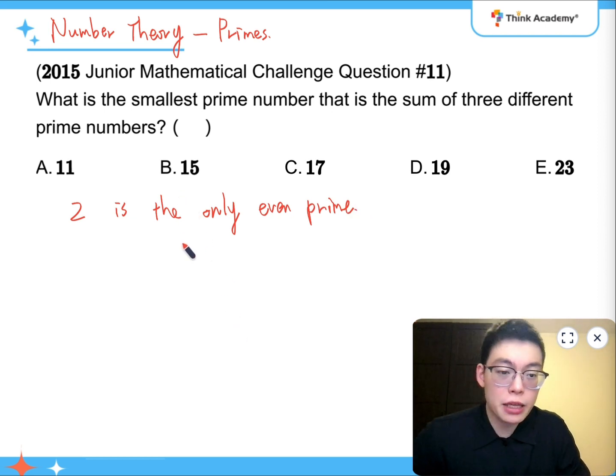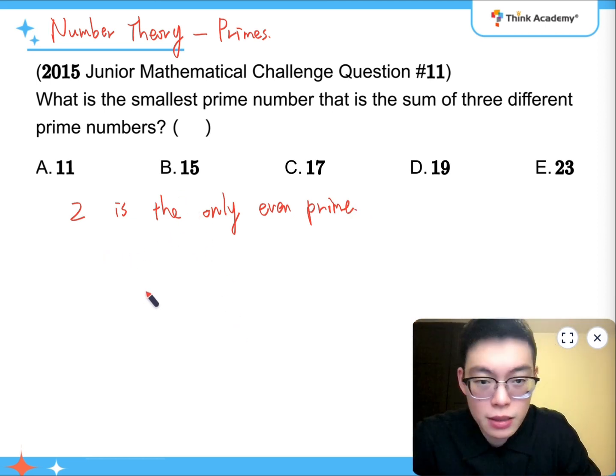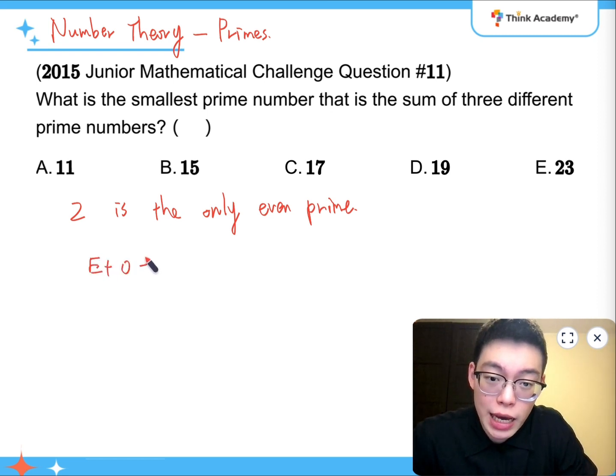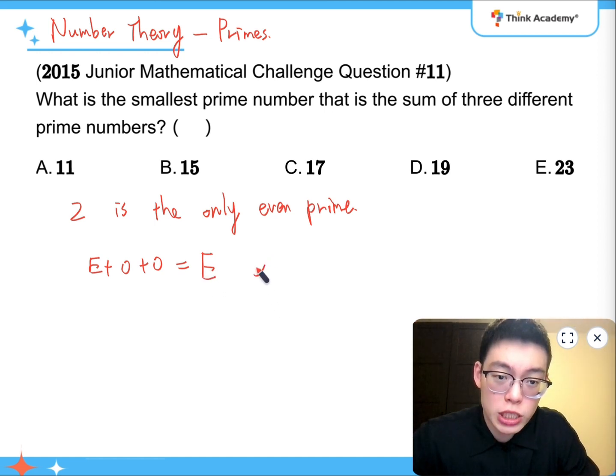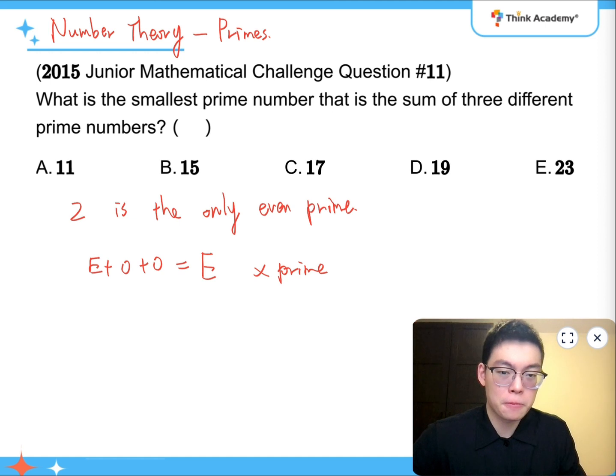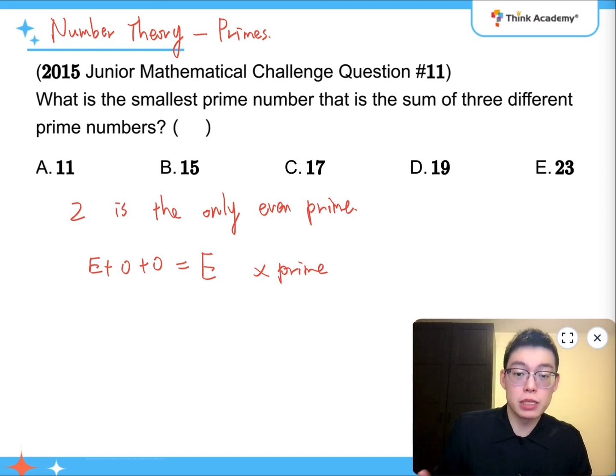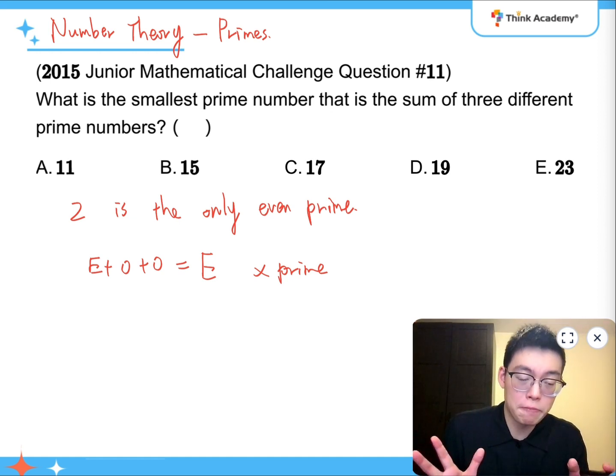Yet, if I'm adding 3 prime numbers, the other 2 must be odd, right? So even adding odd, that's going to give us an even number, which is not a prime, because any other even numbers apart from 2 cannot be a prime.